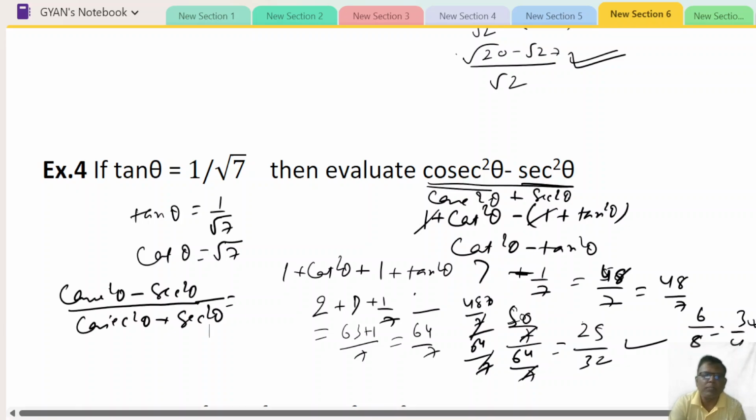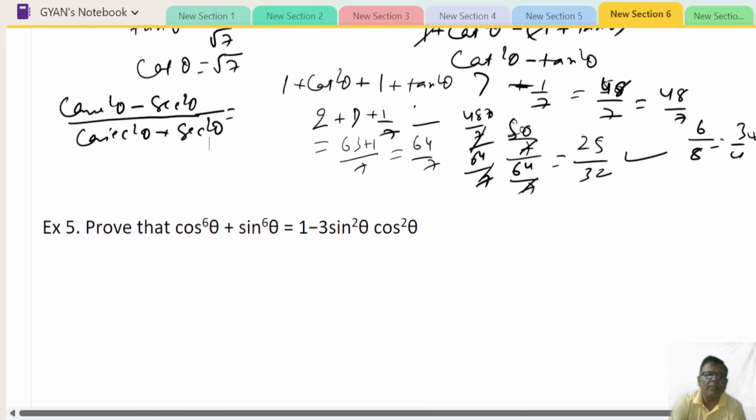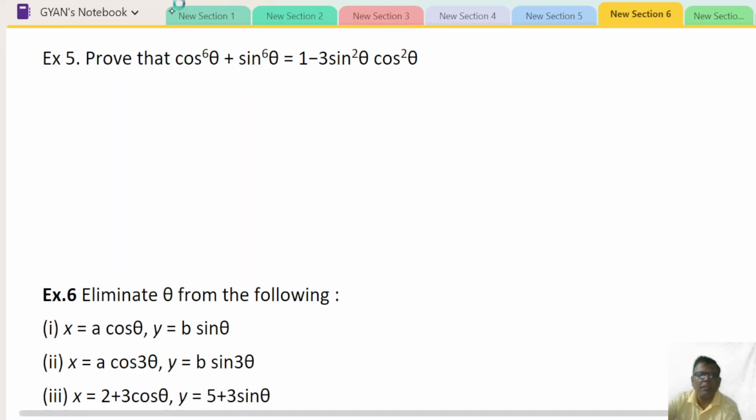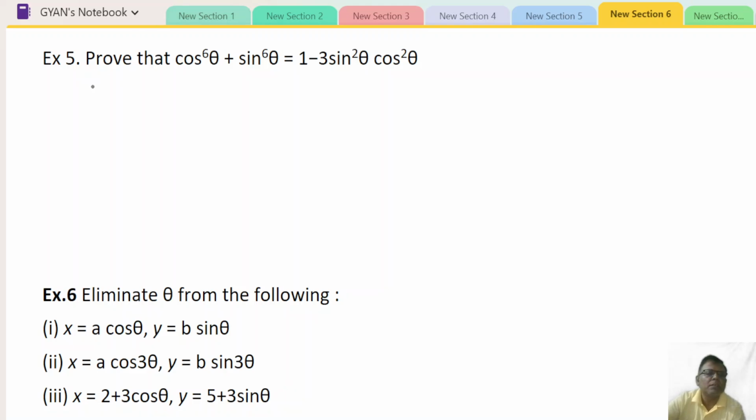Now come to question number 5. Here you might have seen my algebraic identities where I told you that a cube plus b cube is equal to a plus b times a square minus ab plus b square. This is the algebraic identity.